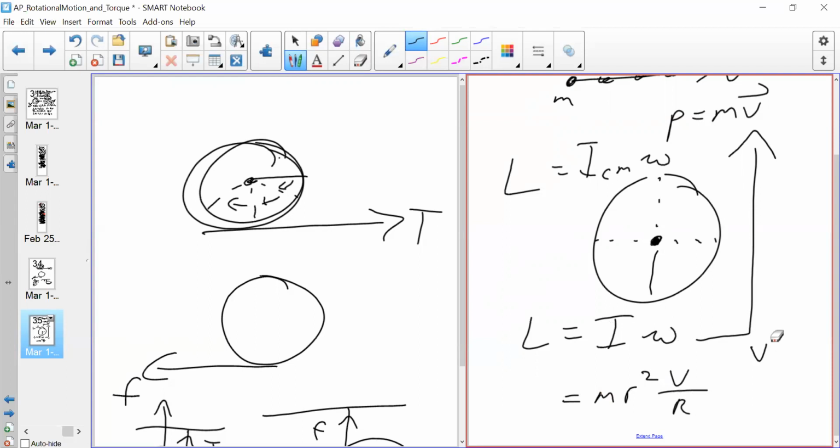Why is that? Because if we look at a point mass on the extreme edge, the speed of this particle around the sphere is a linear speed, the tangential speed. The tangential speed is a function of its angular speed, or angular velocity. Tangential velocity is radius times angular speed.